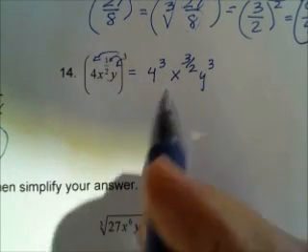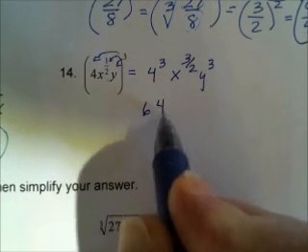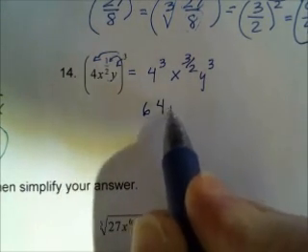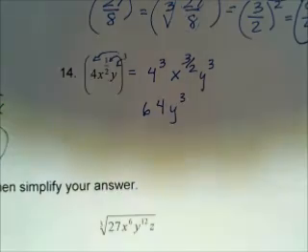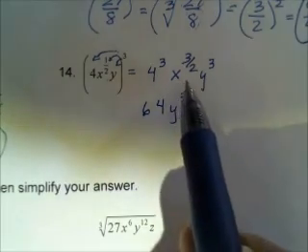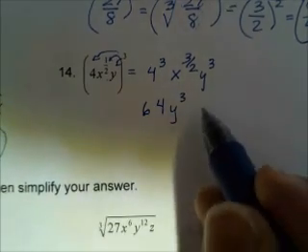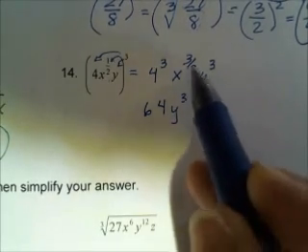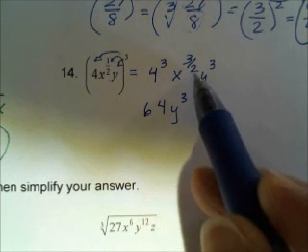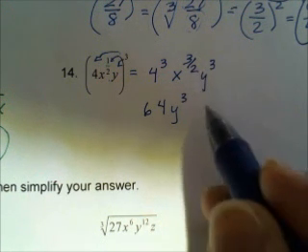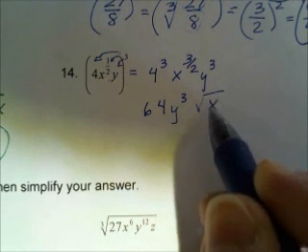Okay, well, this was 64, and y to the third. Now, the fractional exponent that's associated with the x, let's write that as, remember, the denominator is the root. So that's the square root of x to the third.